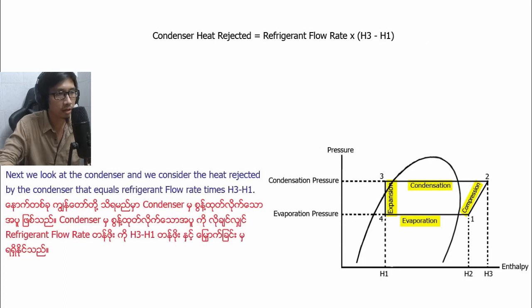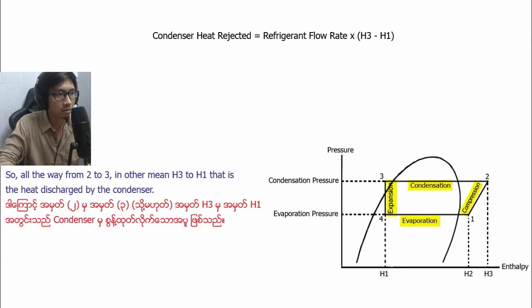Next, we look at the condenser. We consider the heat rejected by the condenser, that equals refrigerant flow rate times H3 minus H1. So, all the way from 2 to 3, in other words H3 to H1, that is the heat discharged by the condenser.